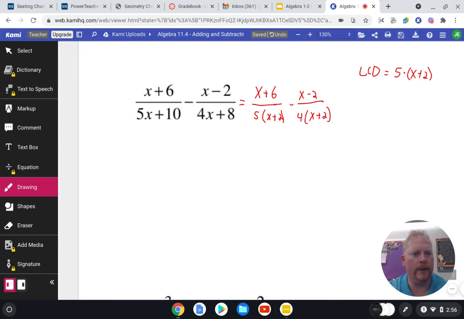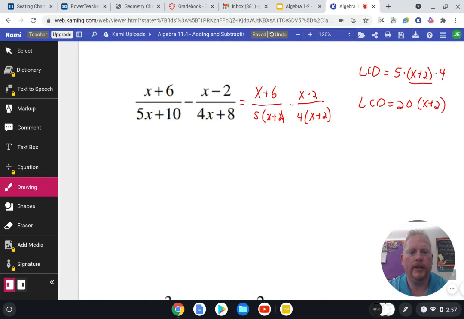It has to have 4 in it. And it has to have x plus 2. But I've already got x plus 2 in that list, so I don't need to repeat that x plus 2. So my least common denominator is going to be 5 times 4, which is 20, times x plus 2.